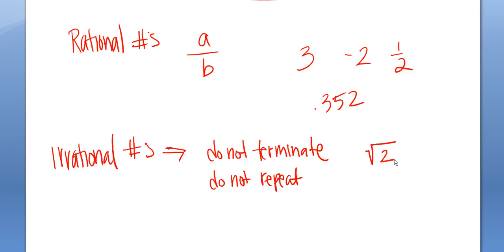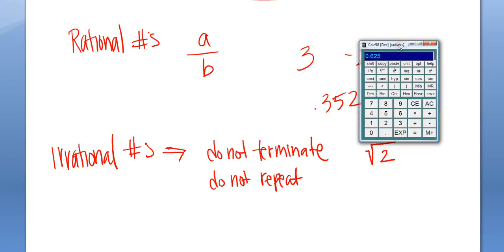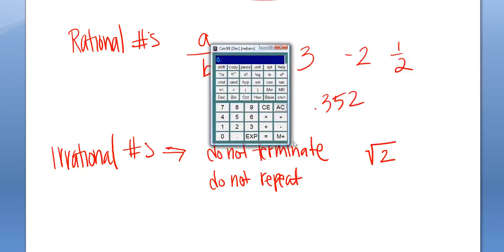Square root of 2 is an irrational number, because let's actually do that on a calculator, and I can show you. If I want to do square root of 2, square root, do you see this number right there? 1.414213564. This is as much as the calculator can give me. This actually keeps going and going. It doesn't ever repeat, and that's what makes it an irrational number.